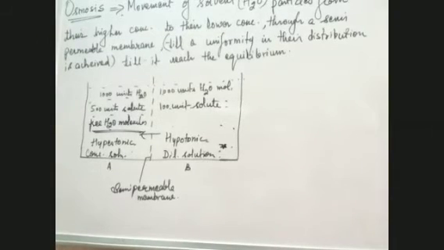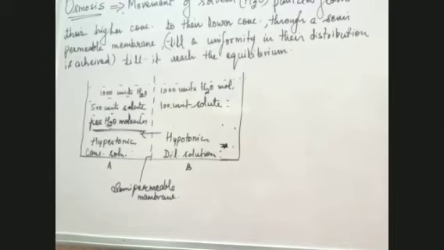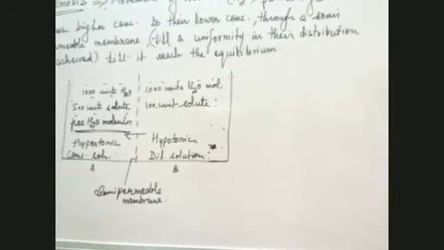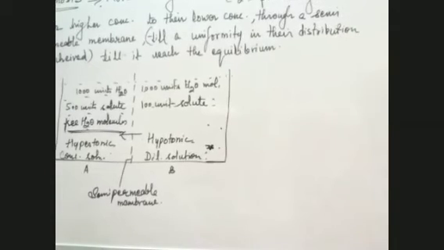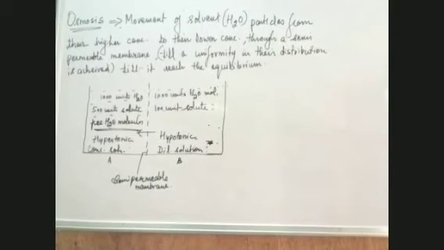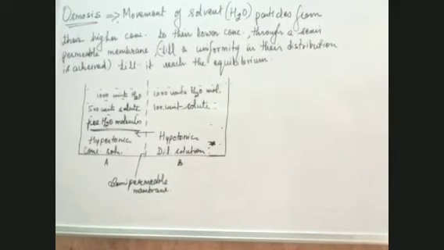So beta, this is the process of osmosis which takes place, and it continues till some equilibrium is achieved, till the concentration in both the compartments becomes equal. Once the concentration of both the compartments is equal, it will stop.